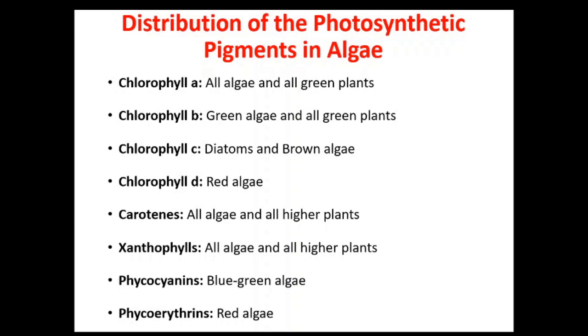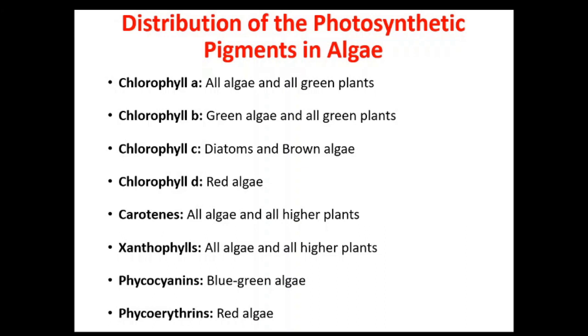That means chlorophyll B is not found in other groups of algae. Now chlorophyll C is present in diatoms and in brown algae. Regarding diatoms, we will discuss more in detail while discussing the applications of the diatomaceous earth. Now chlorophyll D is present only in red algae. It is not found in other groups of algae.